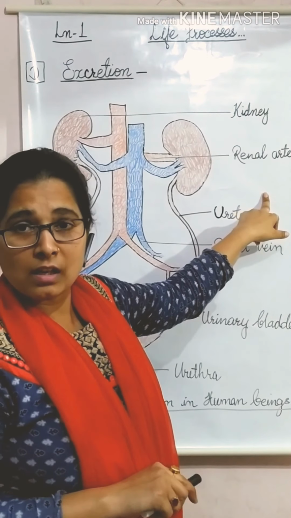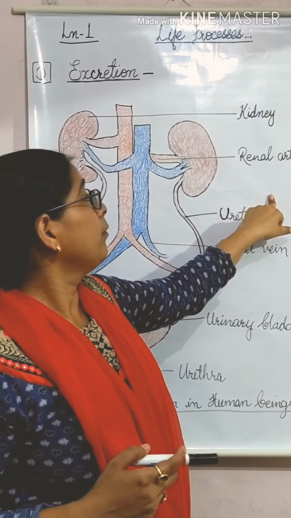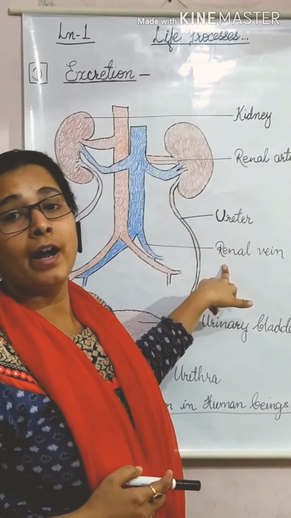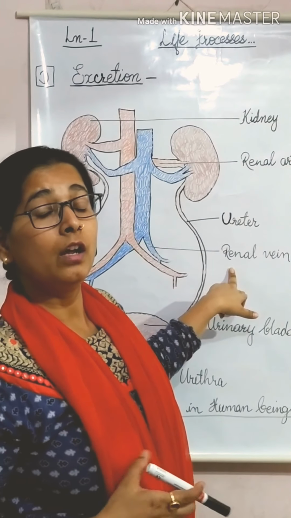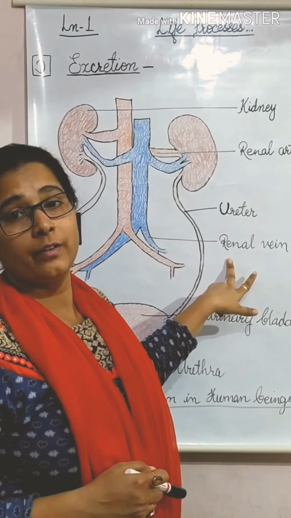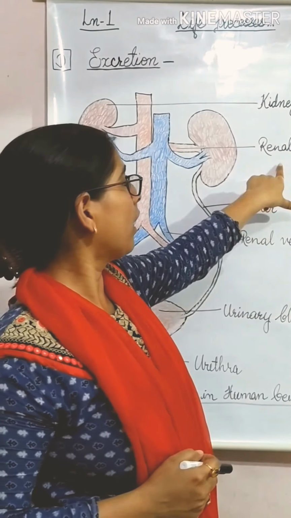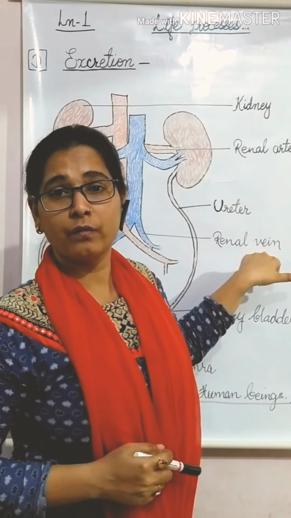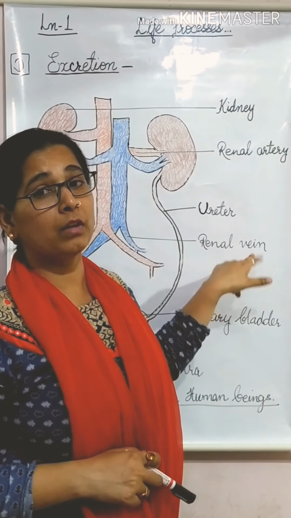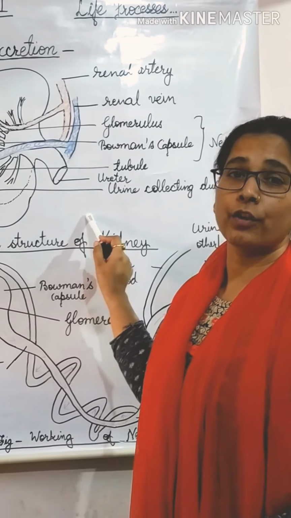That means this time also the artery is carrying the impure blood, and the filtered blood goes back to the body through the renal vein. Here the vein again carries the pure form of blood. So again artery and vein, in the case of the kidney, become the exception, as in the case of the pulmonary. As you can see, this is the structure of the kidney.